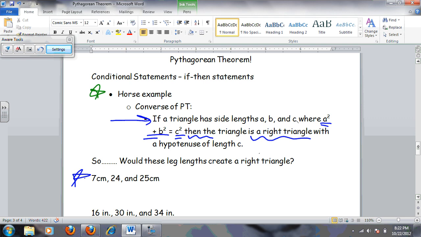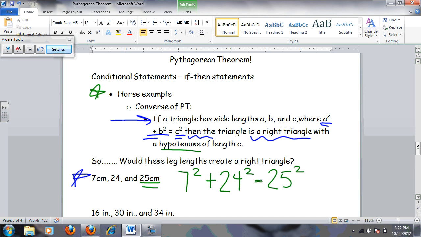If it is a right triangle, then this has to be true. So the longest side is the hypotenuse. So that means that would be 25. So that means 7 squared plus 24 squared should equal 25 squared.